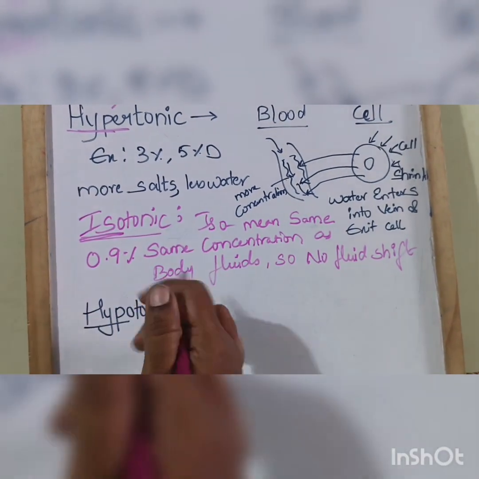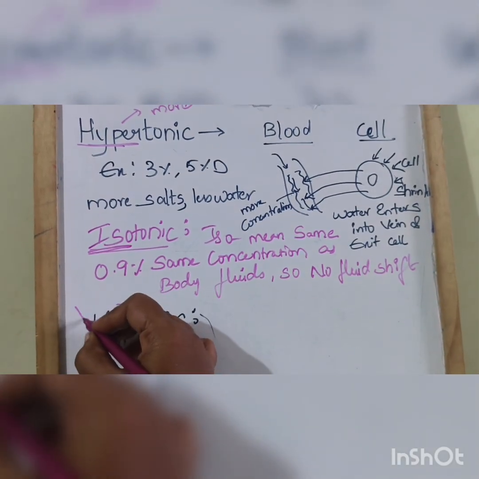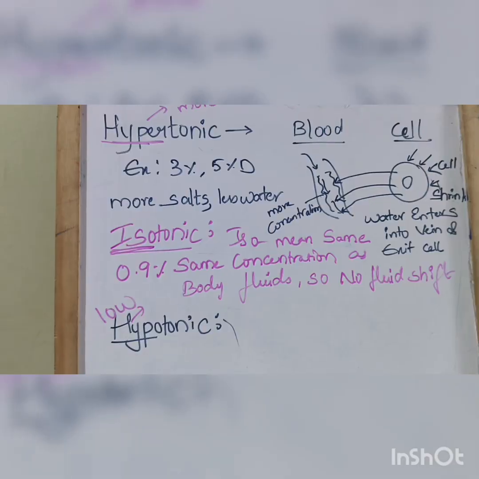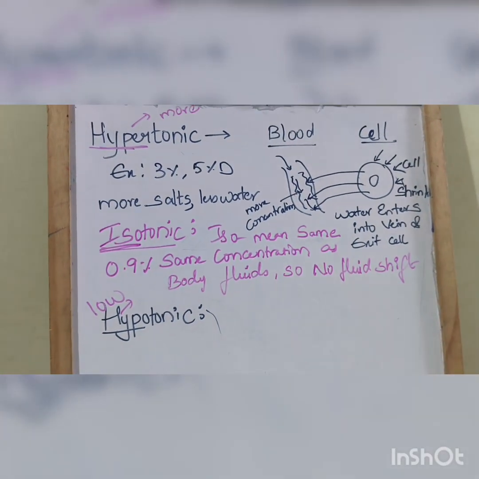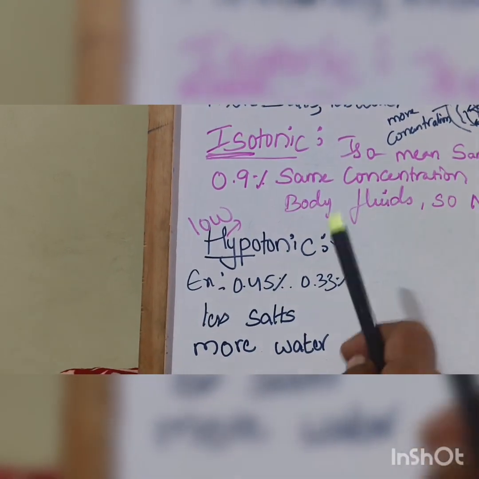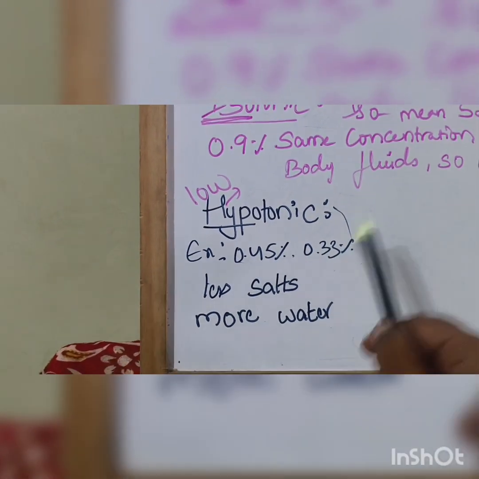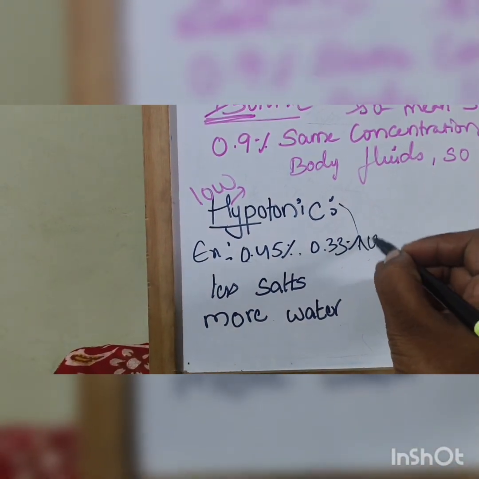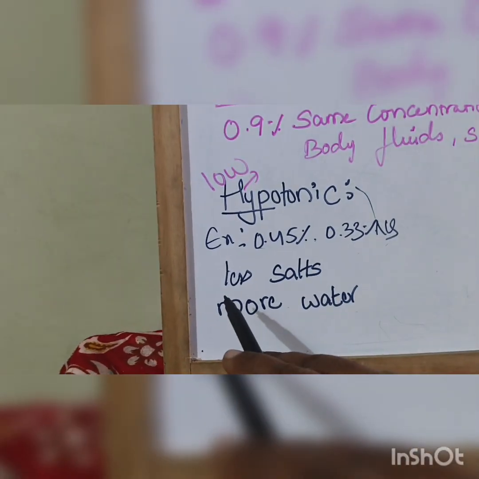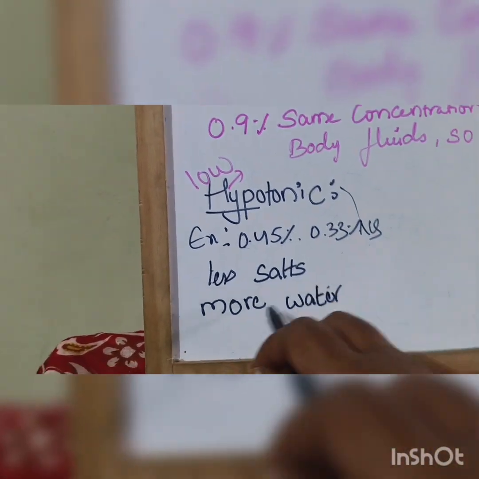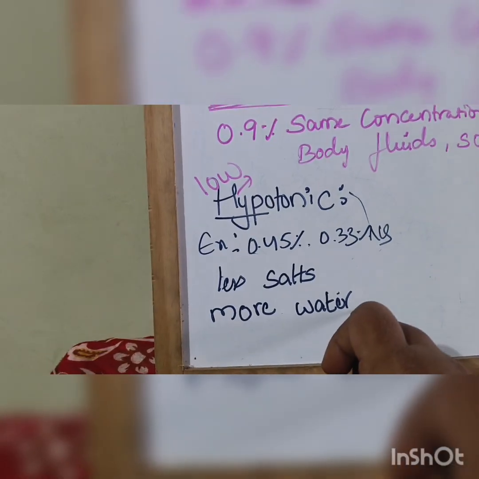Next we will see hypotonic solution. Hypo means low, below 0.9%. The fluids are, as we already said, 0.45%, 0.33%, and 0.225%. In hypotonic there are fewer salts, meaning less concentration, and more water.